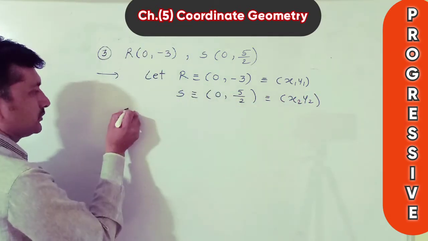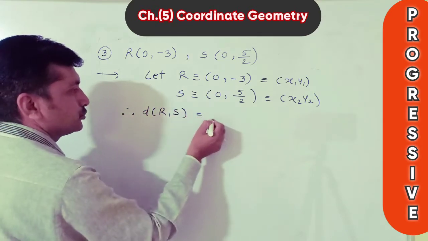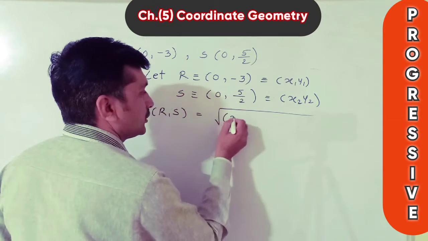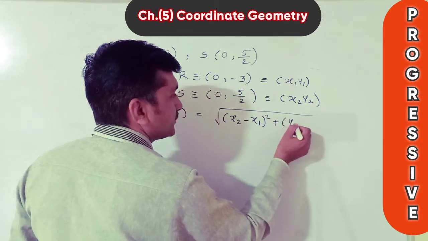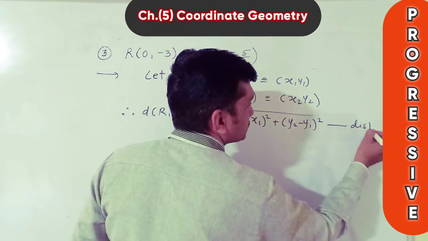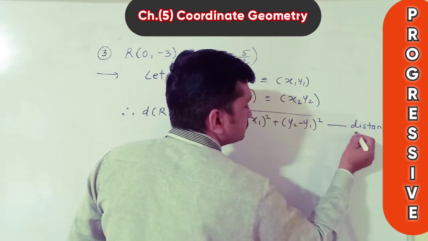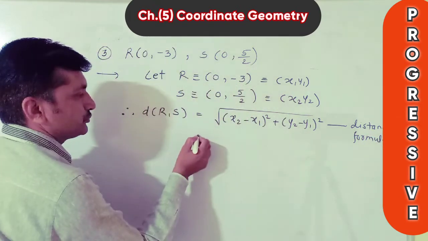Now distance formula. Therefore, distance RS is equal to square root of (x2 minus x1) bracket square plus (y2 minus y1) bracket square. Here, distance formula. Now put values.